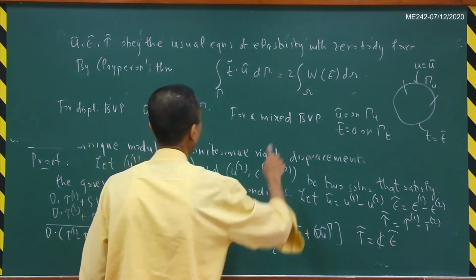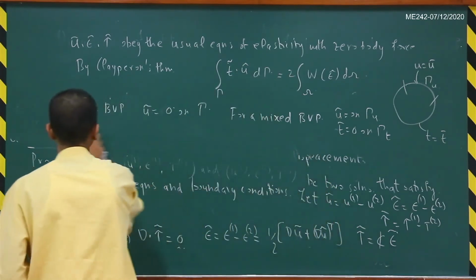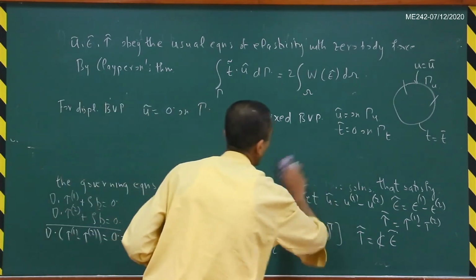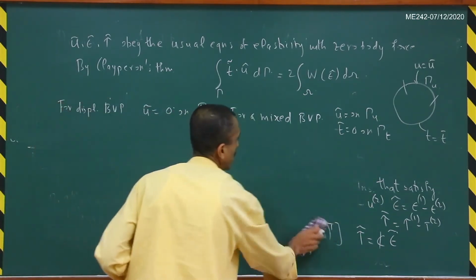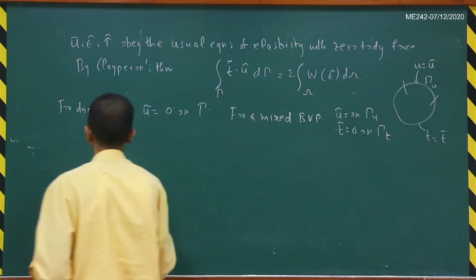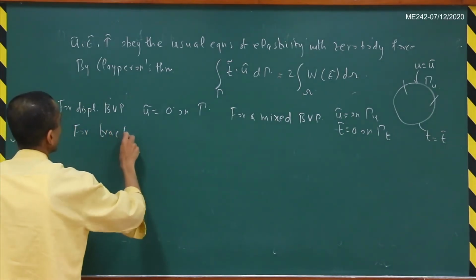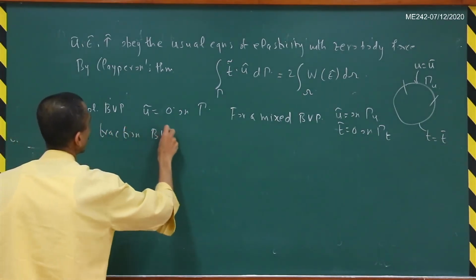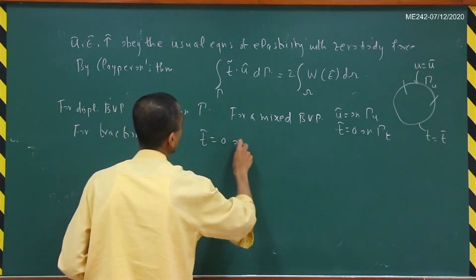Okay, we forgot to put the other one, the traction boundary value problem, so let us do that also. For the traction boundary value problem, you will again get that T tilde is equal to 0 on gamma.